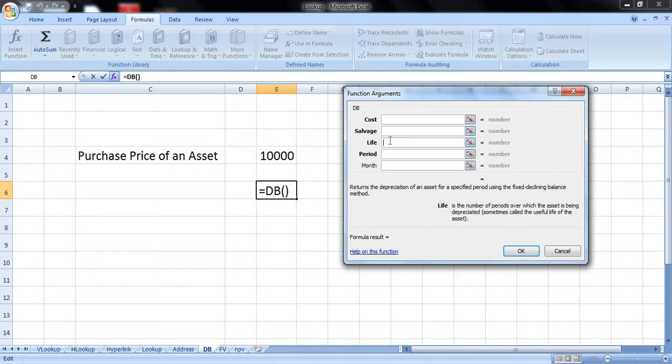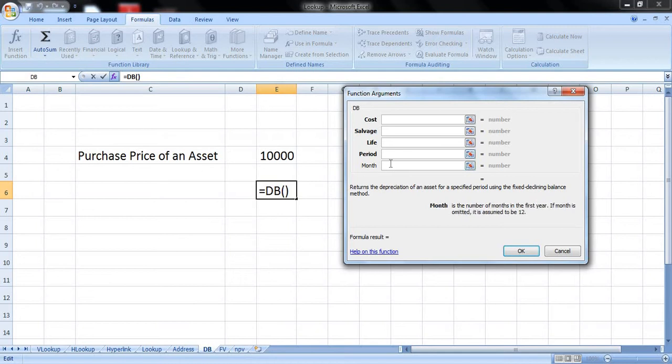Life is the number of periods over which the asset is being depreciated. This is the useful life or usable life of any asset, and the period is the point of time at which you wish to calculate the depreciation value. Now through an example, let us understand.